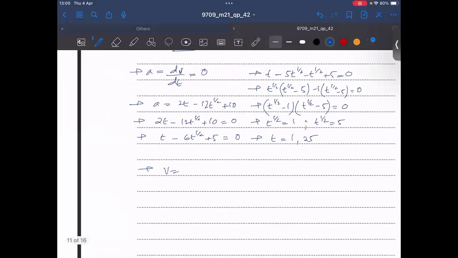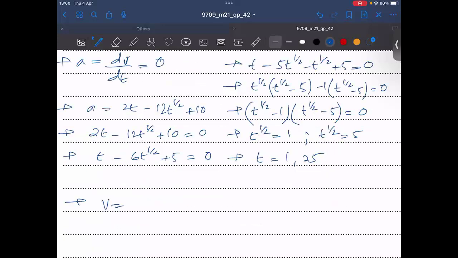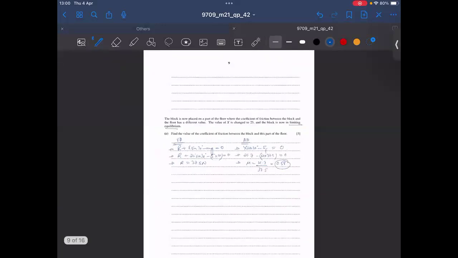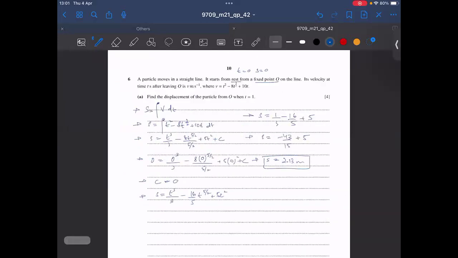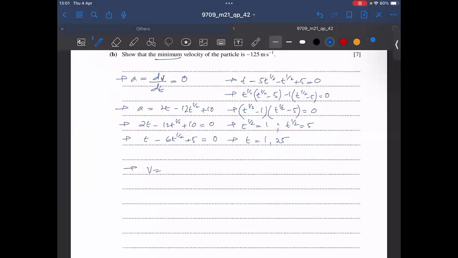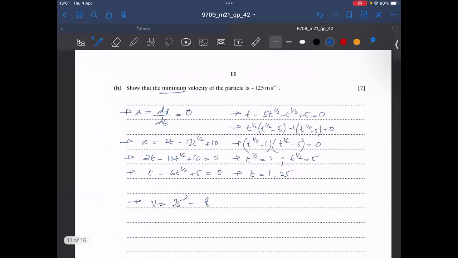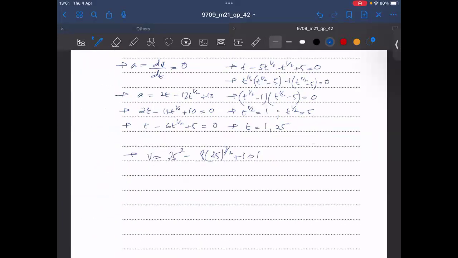I'm going to be substituting 25. So 25 square minus 8, 25 to the power of 3 over 2 plus 10t plus 10 into 25.